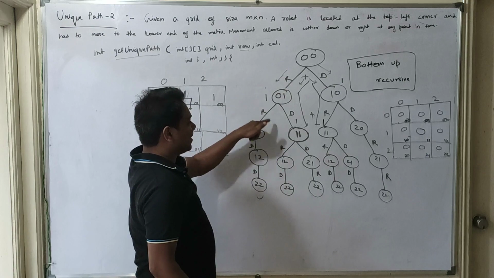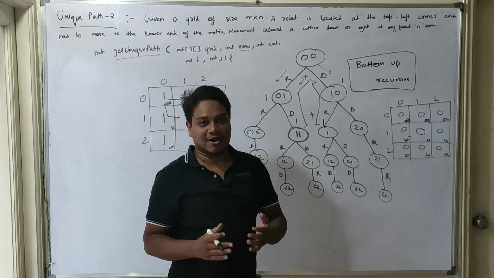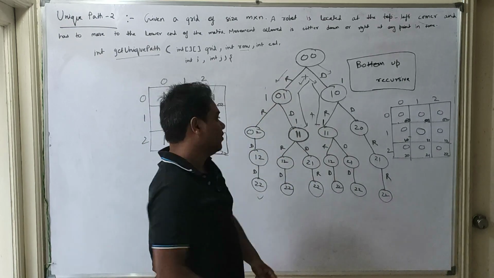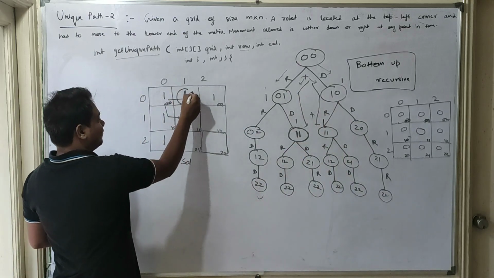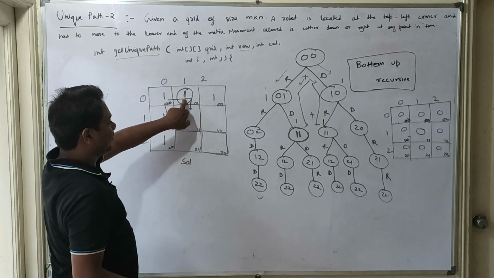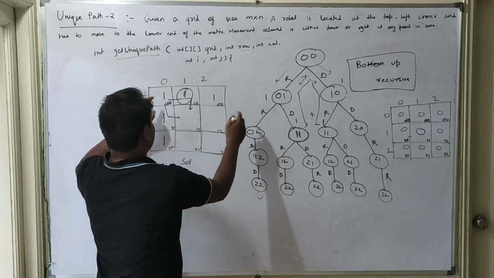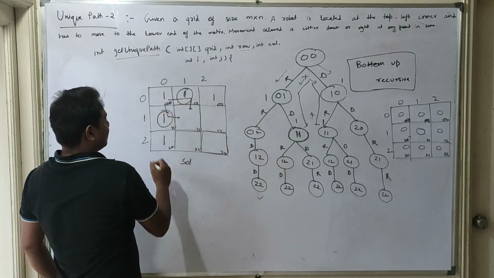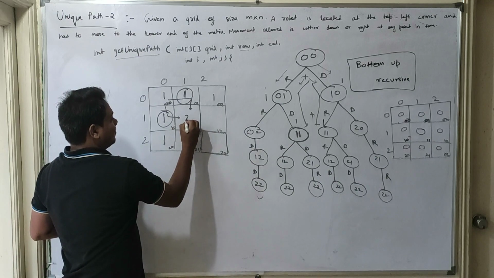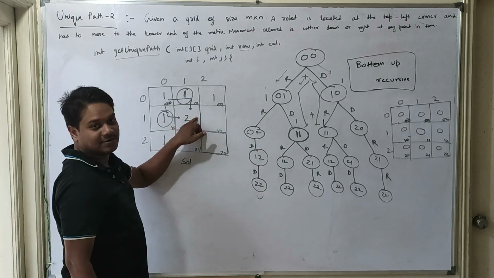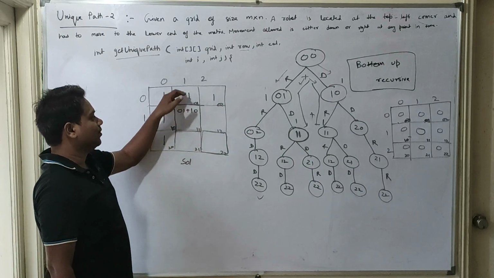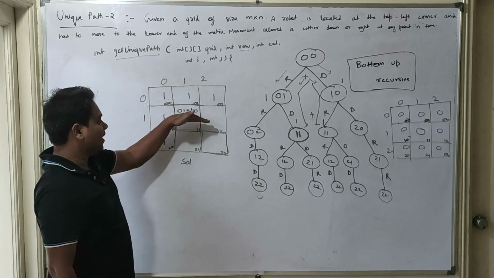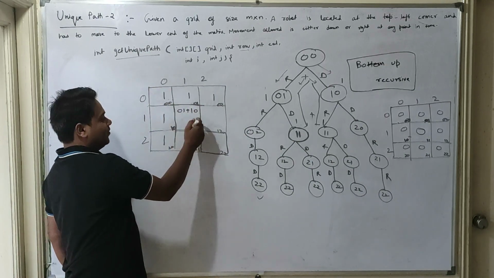So in total, how many paths are there if we are allowed to move either right or down? The total number of paths is 2. It is the summation of 0 1, what we have stored over here, and 1 0. So this will become 2, right?